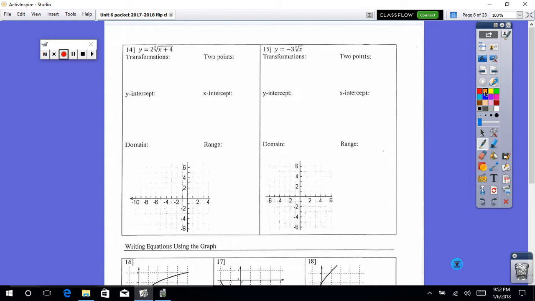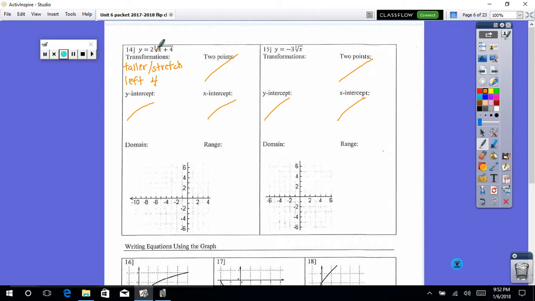Two more where we're actually going to graph their transformation. This one has a 2 in front of it, so it's going to become taller, closer to the y-axis, which is a stretch. And we have a +4 under the radical, which is opposite, so we're actually going to go to the left 4.